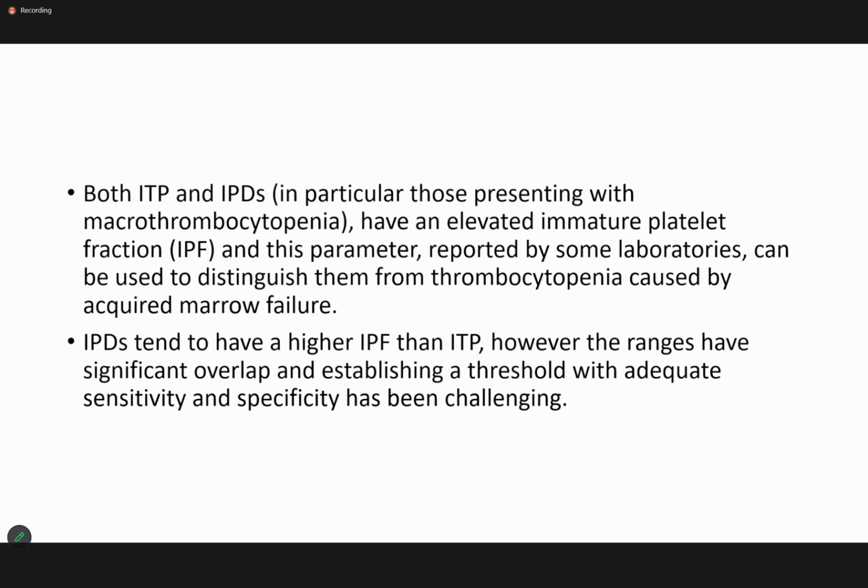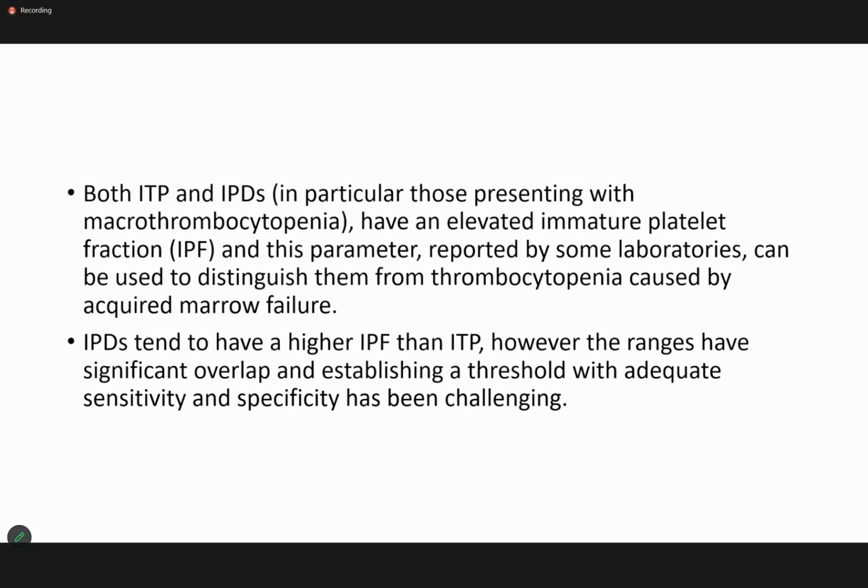And this parameter, reported by some laboratories, can actually be used to distinguish them from thrombocytopenia caused by acquired marrow failure. Okay, inherited platelet disorder tends to have high IPF compared to ITP. However, the range has significant overlap, and establishing a threshold with adequate sensitivity and specificity has been challenging.